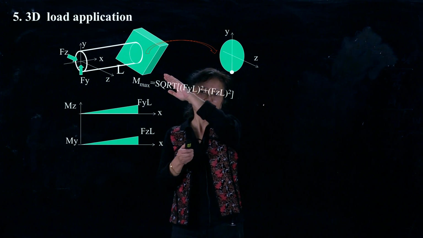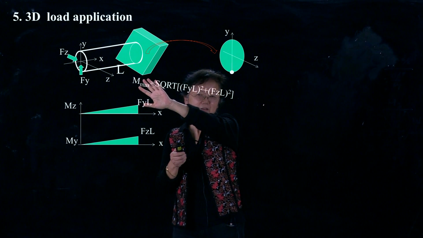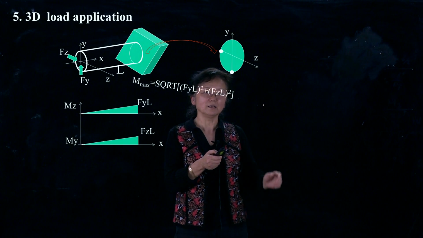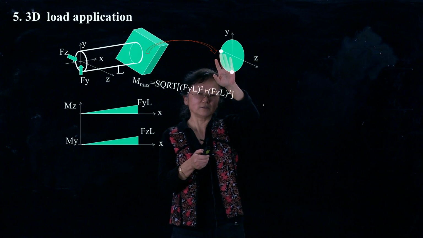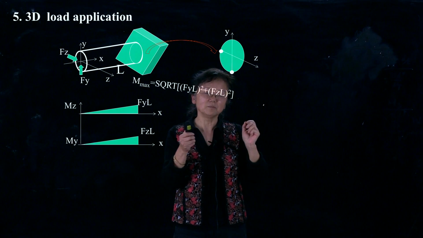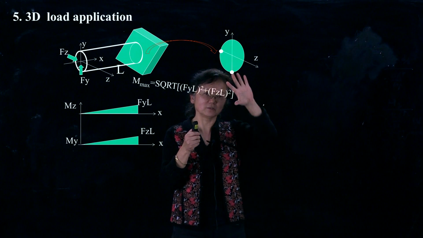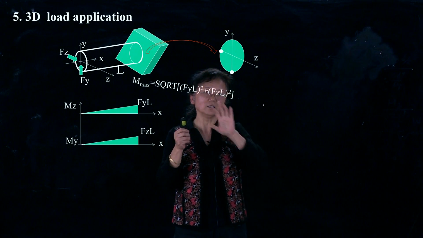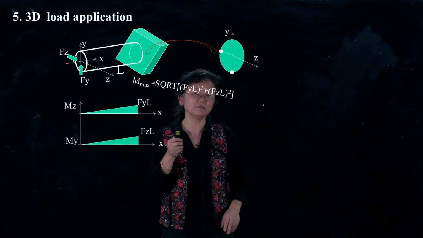Similarly, for the effect by Fz, which is along the z direction, this white dot over here shows the location of the maximum bending in tension. So those two white spots are for bending in tension due to those two forces individually.